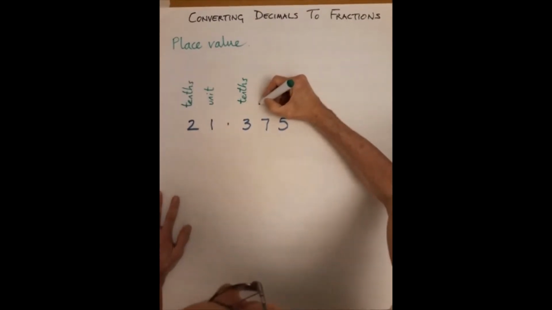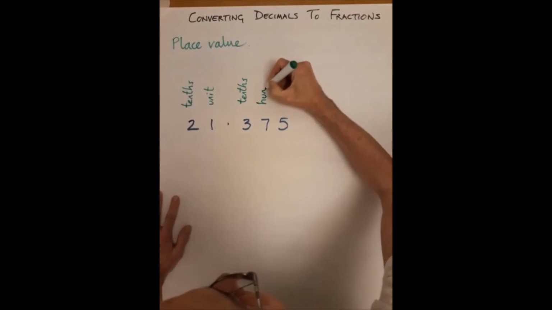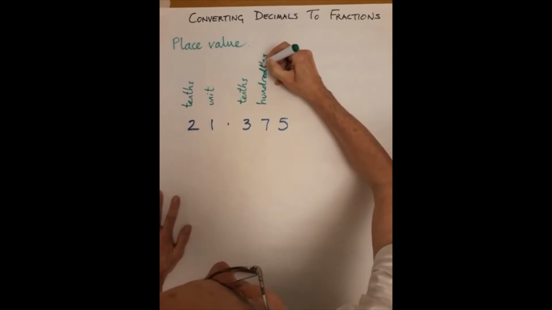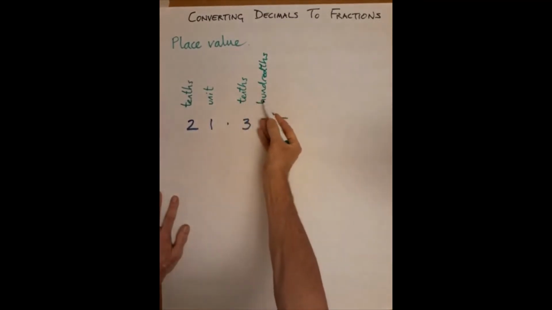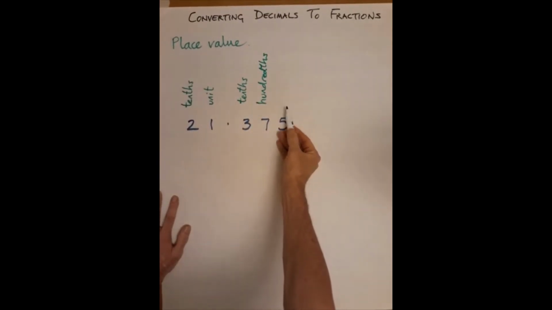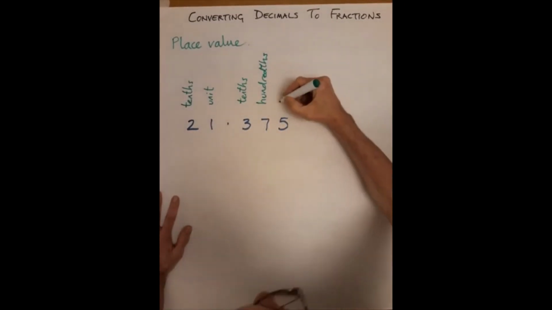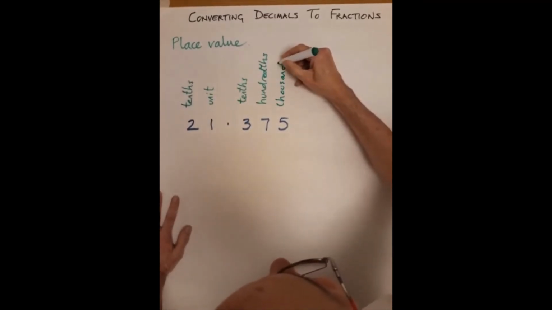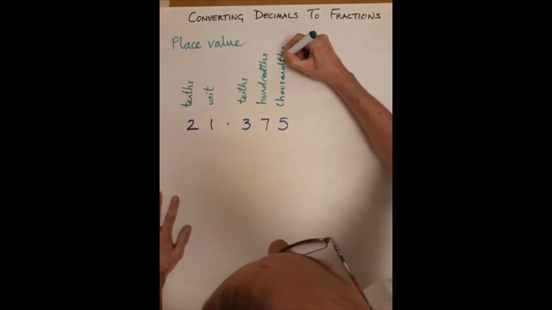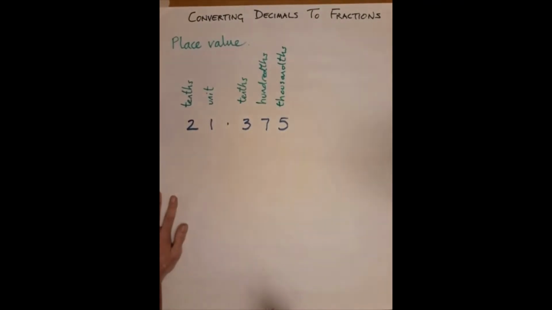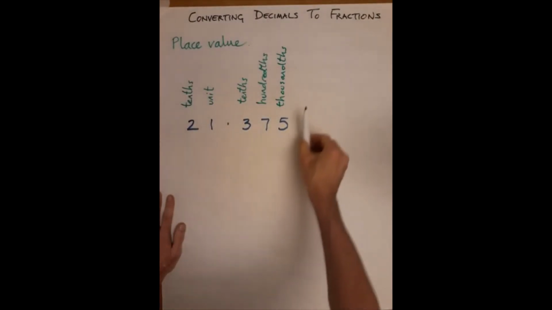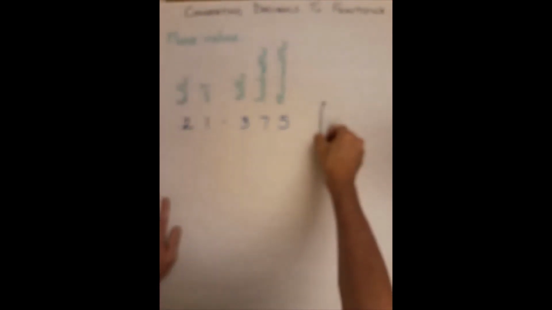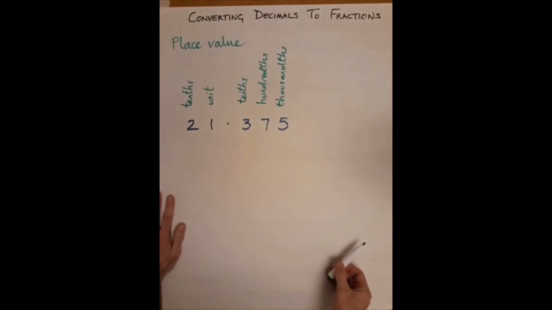So this is hundredths. So tenths, hundredths, and the next one is going to be thousandths. Yes, there is such a word, thousandths. And the next one would be 10 thousandths, 100 thousandths, millionths, etc.